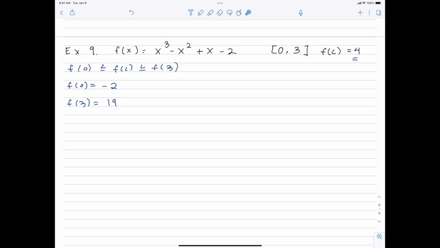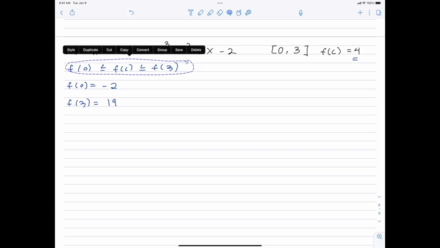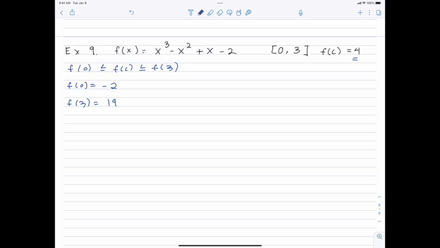Okay. So I'm going to say, and the order doesn't matter here. So maybe this time what I'll say is hey, look. F of 0 is less than or equal to 4, which is less than or equal to f of 3. Okay? I've established that the k value that I'm looking for is in between f of a and f of b.